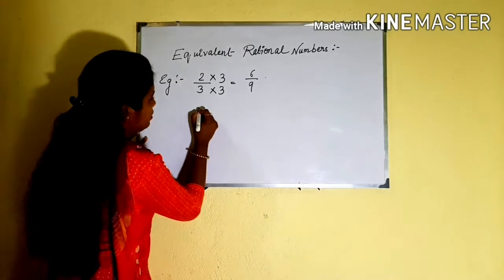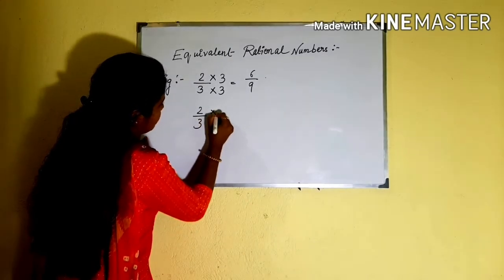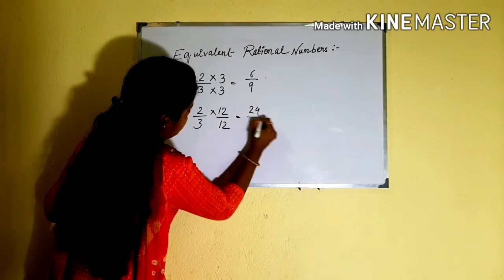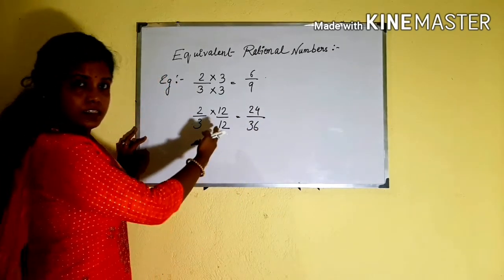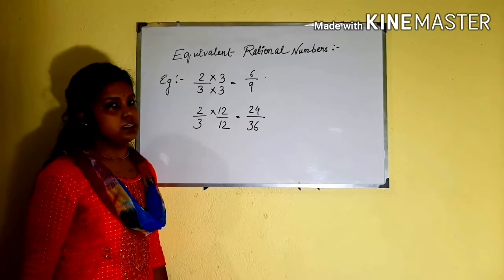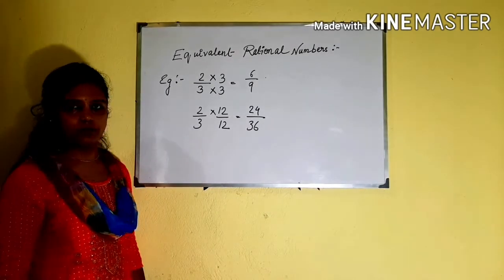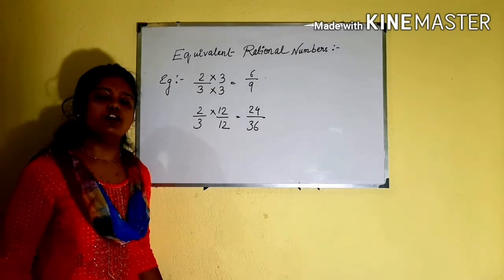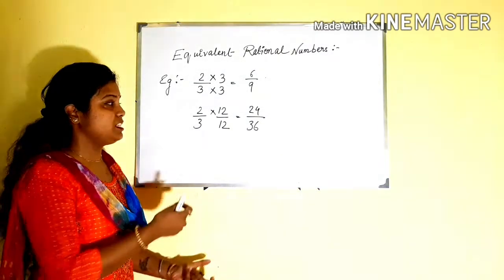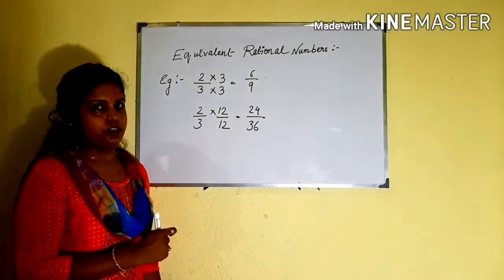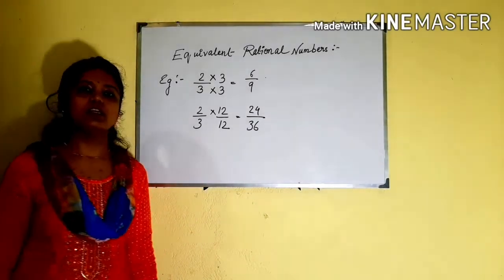Take another example: this 24 by 36 is again an equivalent rational number of 2 by 3. So whatever non-zero integer you multiply with the numerator and the denominator will give you an equivalent rational number.